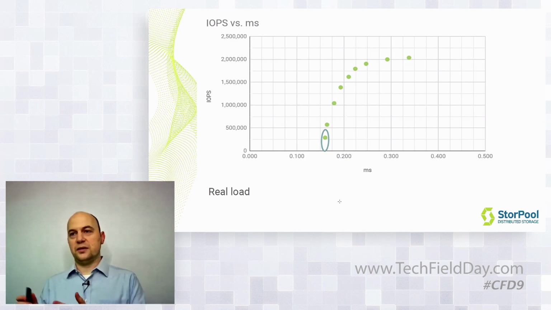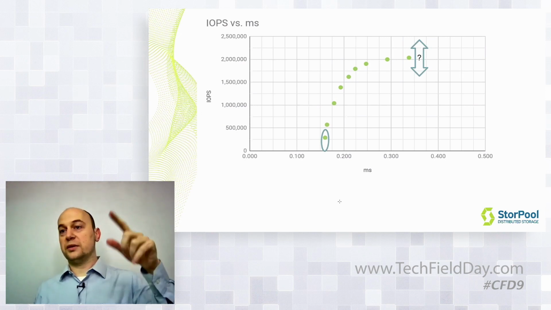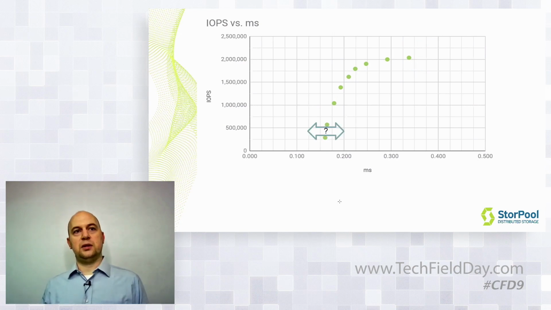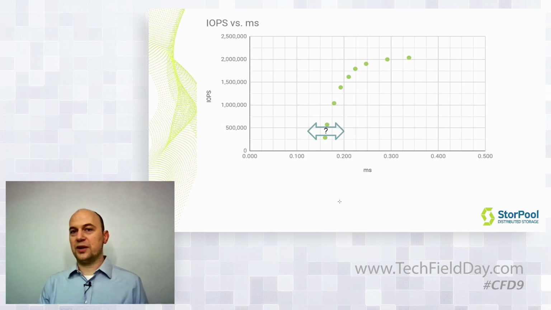Since they're running it in that part of the curve, my question is, does it matter for our customers if we get the system to deliver 10% more IOPS? My answer to that is definitely not, because they're not running the system in that part of the curve. Does it matter to them if we can get it to deliver 100 microsecond latency instead of 150 microsecond latency, which is 30% lower latency?